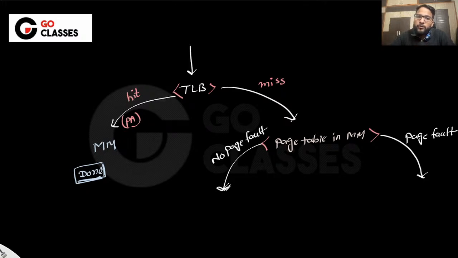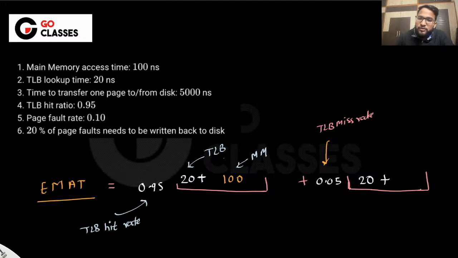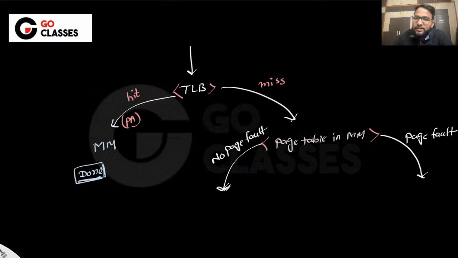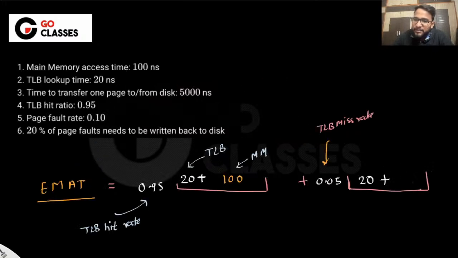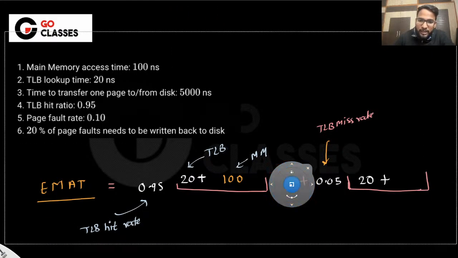So, if there is no page fault, what are you going to do? And what is the chance of no page fault? So, here I will be writing. Here you just have two possibilities. Either there will be a page fault or there will be no page fault, right? So, maybe I can just write it in this way. I hope till now this is fine, right? Now, 20 nanoseconds you have already taken just for the TLB miss.